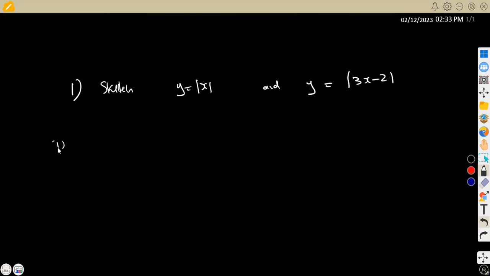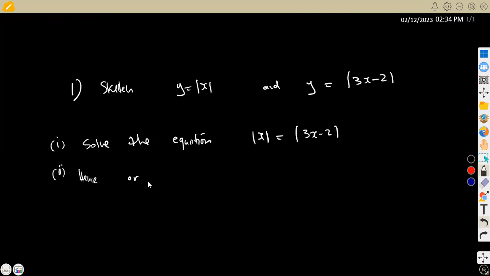Then from the same question, I want you to solve the equation: the modulus of x is equal to the modulus of 3x minus 2. Also, I want you to solve this one, hence or otherwise, but for the proof, you use the otherwise method, which means use that part that we talked about in inequalities.